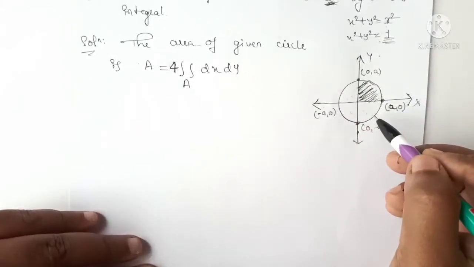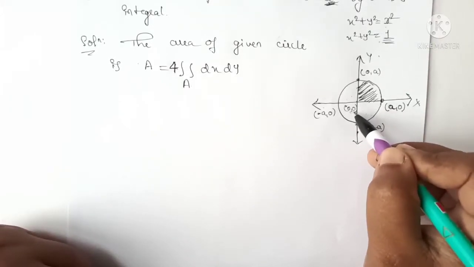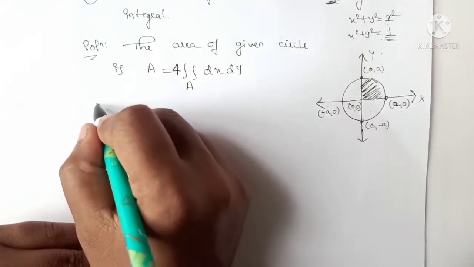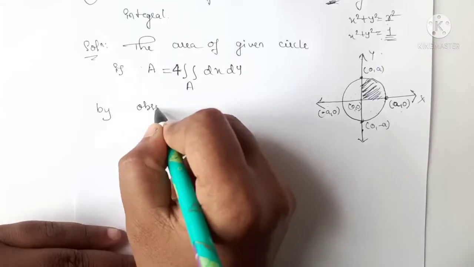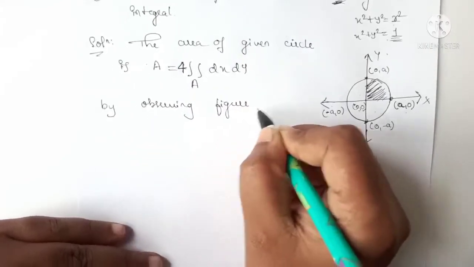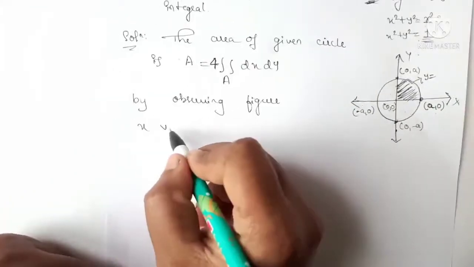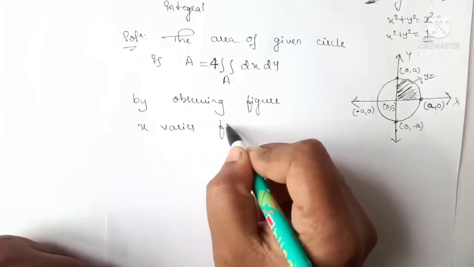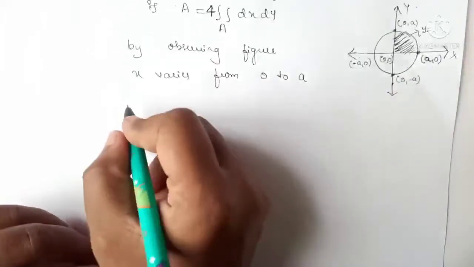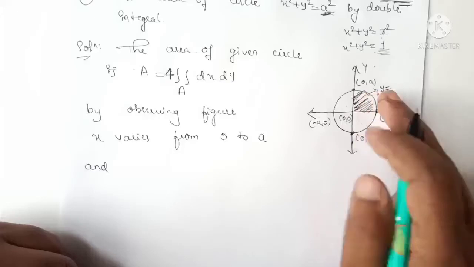First we put the x limits. You can observe that by observing the figure, x varies from 0 to a, and y varies from 0 to this point on this circle.